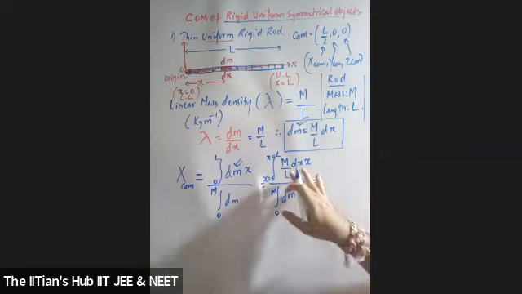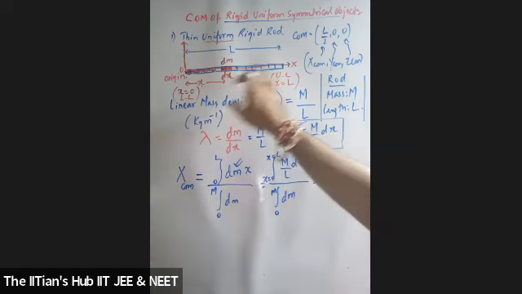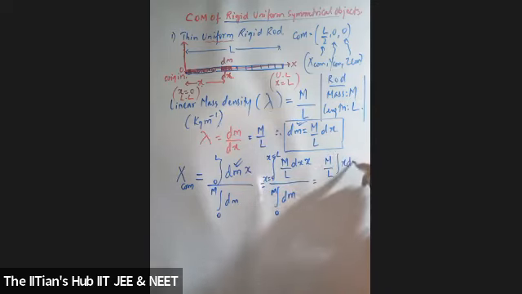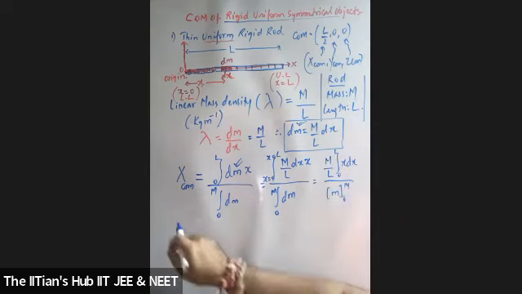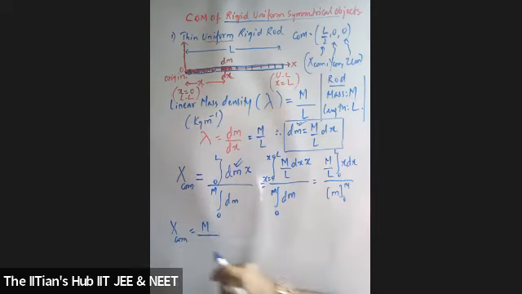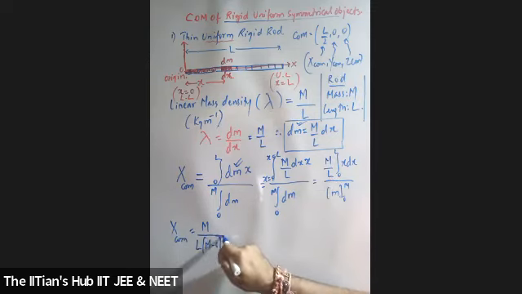Now when you solve it, what exactly are you going to get? If I go for integration, students, the mass of the entire rod is capital M, and the length of the entire rod is given, so that is constant. M by l comes out, the integration of x into dx remains, 0 to l. The integration of dm will be small m, 0 to capital M. Now if I solve it, what exactly will xcm be? Capital M comes on top, l at the bottom, and the integration gives capital M minus 0, upper limit minus lower limit. What is the integration of x into dx? x square divided by 2.